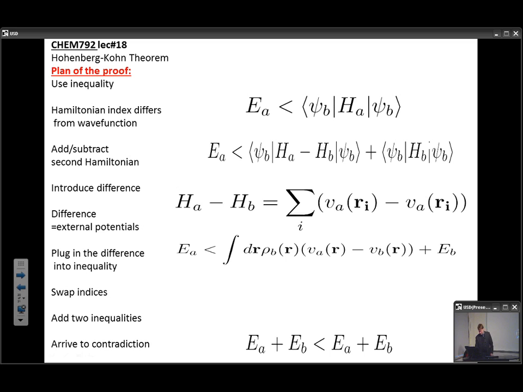Then we plug them in and see this expression. So total energy in branch A, total energy in branch B, and here is the integrated difference in external potential.